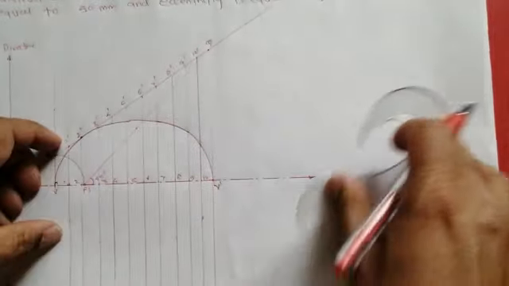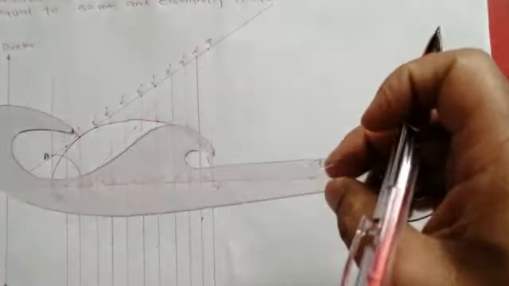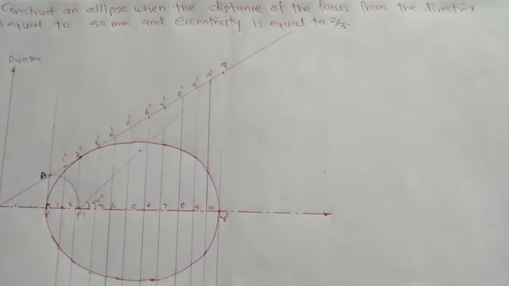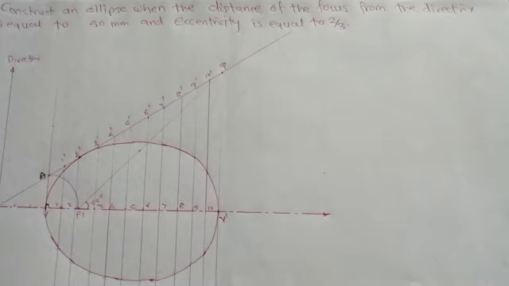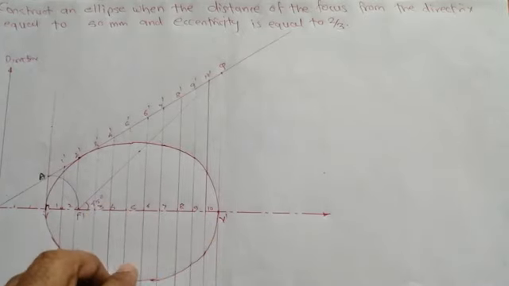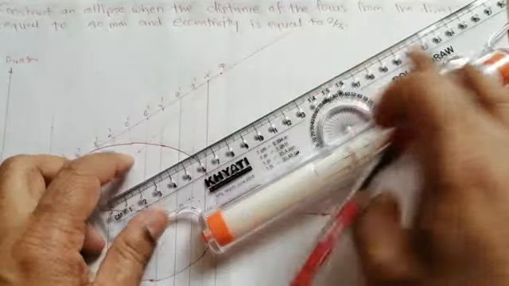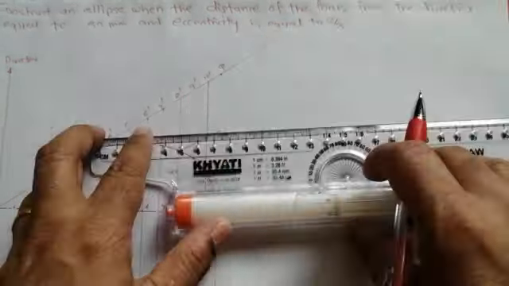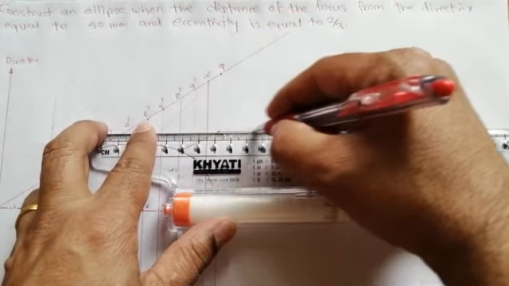So this is above the axis, and exactly below the axis we have to complete. So this is how we have completed an ellipse by using focus directrix method. So on both the side of the axis we have to complete the curve by using French curve or instrument French curve. Now we have to label this curve properly.